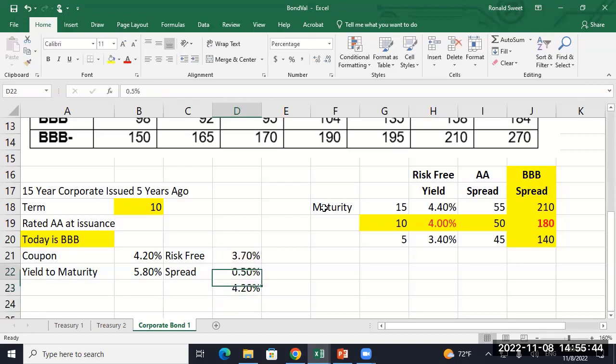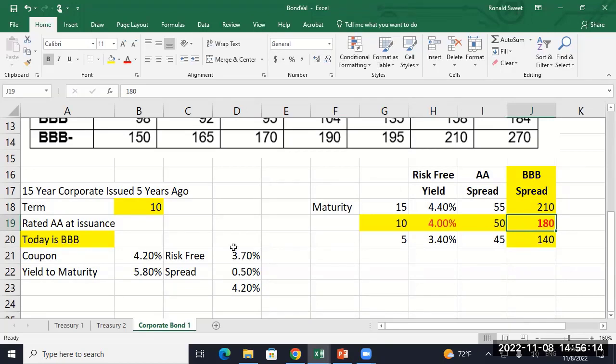That's how we got the 4.2. So this bond price is going to be down. Why? Partly because interest rates have risen, but also because it got downgraded. The risk-free rate's up 30 basis points, but their spread's up 130 basis points. The bond price is down more because of the downgrade than because of rates being higher.